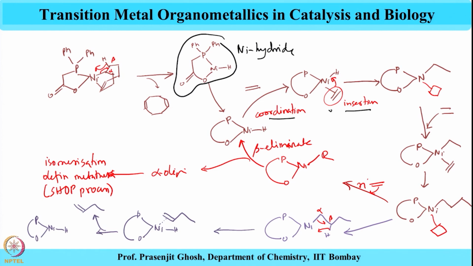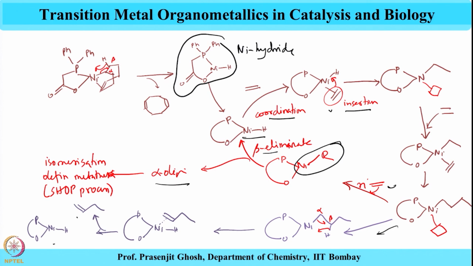Then it can do the same thing twice over, and in the first possibility it gives 1-butene and a nickel hydride, or it can undergo subsequent olefin insertion to give a long chain nickel alkyl, which can then beta eliminate to give back the nickel hydride as well as alpha olefins.